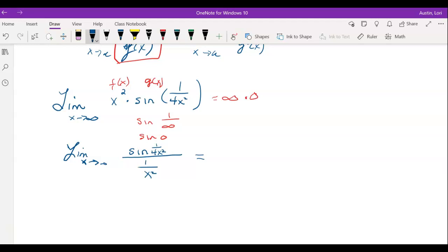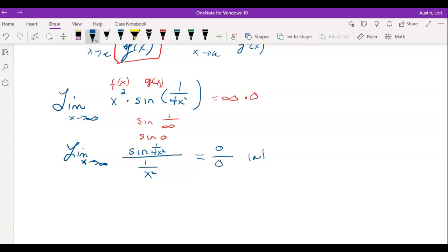If I go to solve it now, we already said when you plug infinity into sine of this, you get 0, right? Now, what happens when I plug infinity into 1 over x squared? What do I get? What's 1 over infinity again? 0.